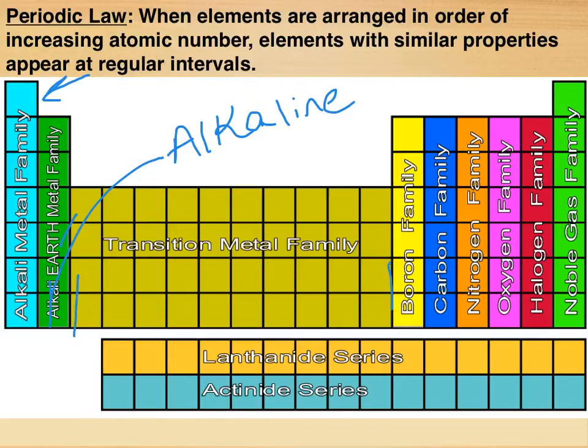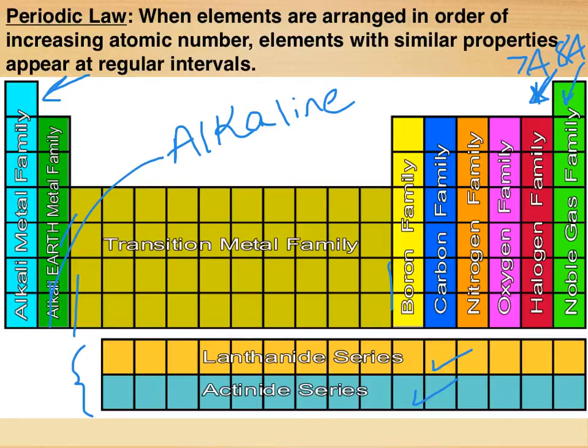The whole middle group is transition metals. And then the important groups after that are the halogens, which is group 7A, and the noble gases, which are group 8A. And we have the F block, or the rare earth elements, which are called lanthanides and actinides.